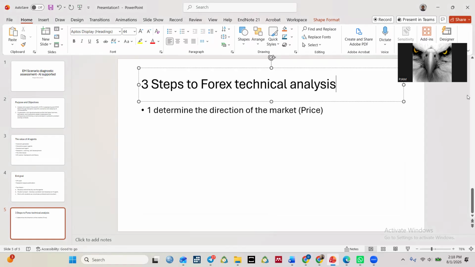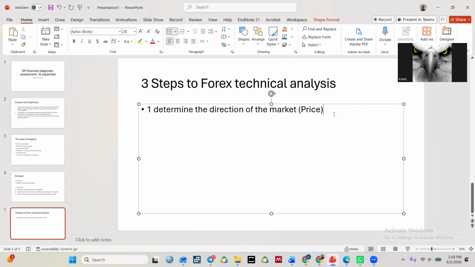Okay, into the three steps for technical analysis in Forex now. One, we have to determine the direction of the market. Two, we have to determine an area of interest.